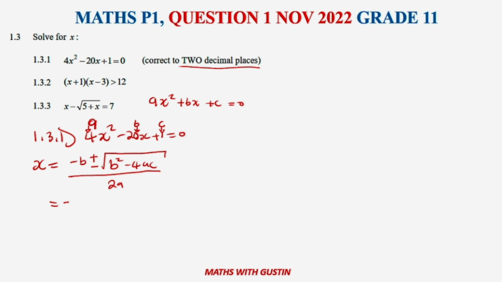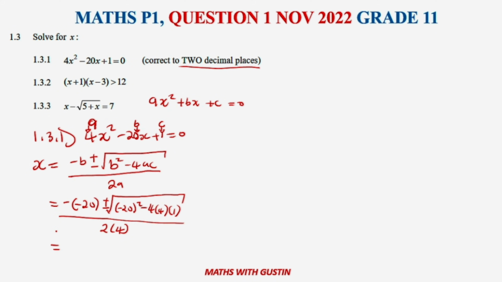This 20 is not positive, it is negative, so you say minus minus 20 plus or minus the square root. Inside the square root we've got minus 20 squared minus 4, a is 4, c is 1, all over 2 multiplied by 4.